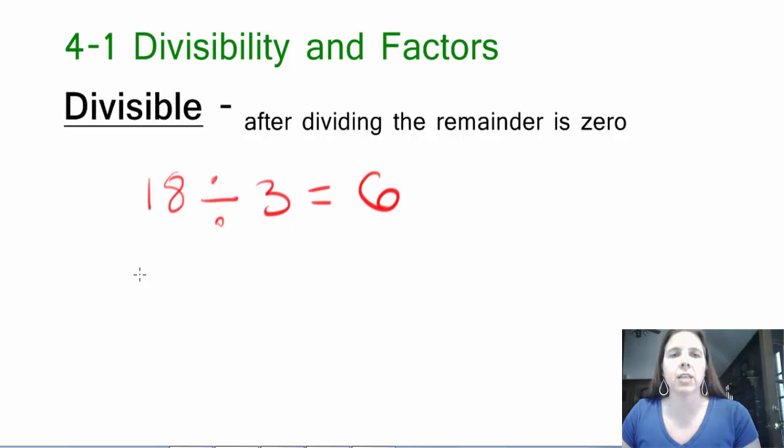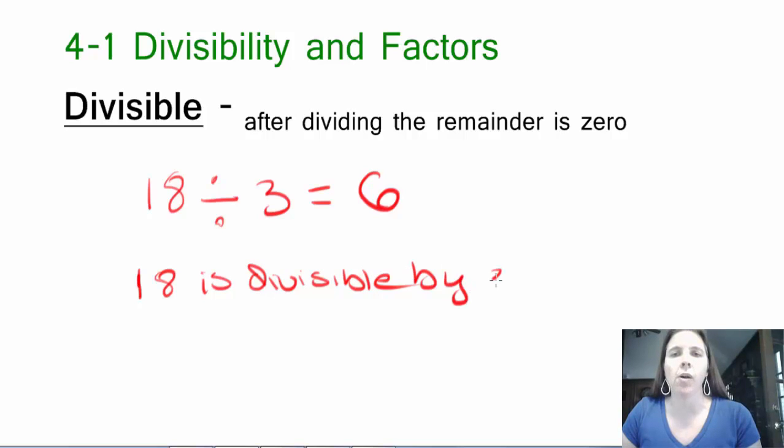So that means that 18 is divisible by 3. So a question might be, is 18 divisible by 3? Yes. If a number can divide evenly with no remainder, then it's going to be divisible by that number.